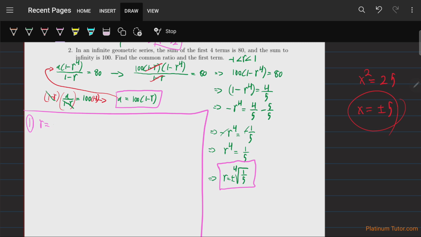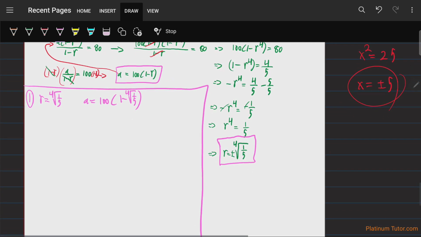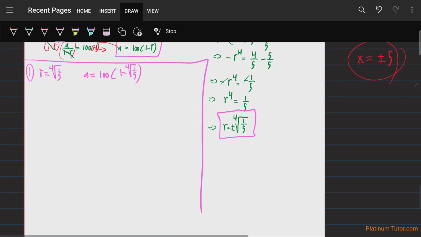When r is the positive fourth root of 1/5, a will be 100 times 1 minus the positive fourth root of 1/5. So that's going to be a, and I'll just leave it in exact form.